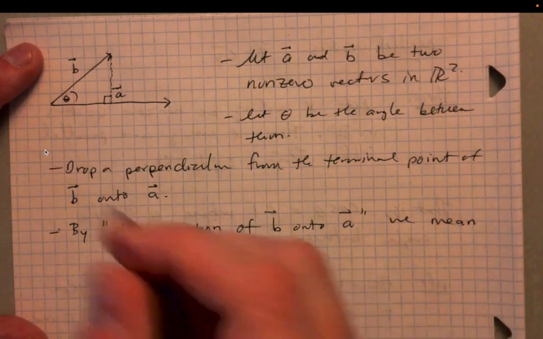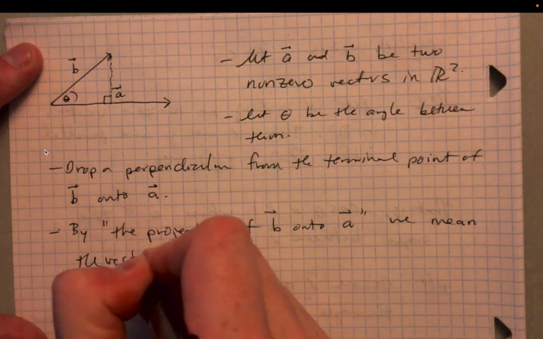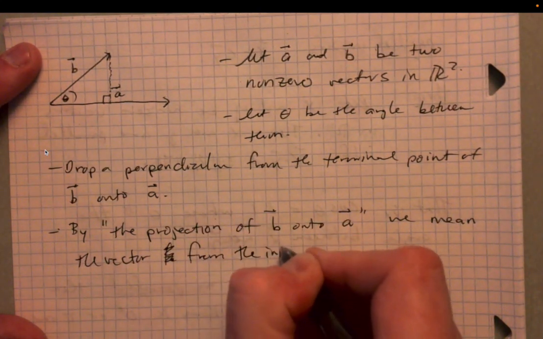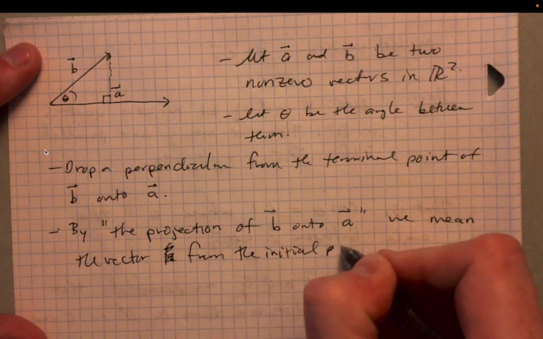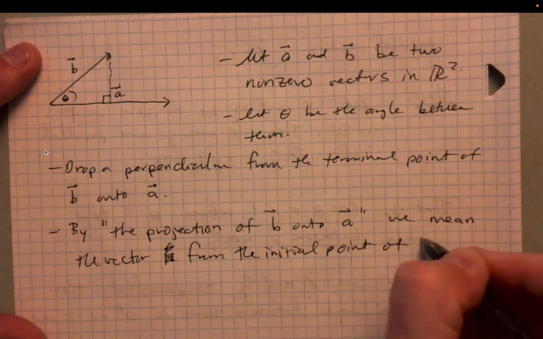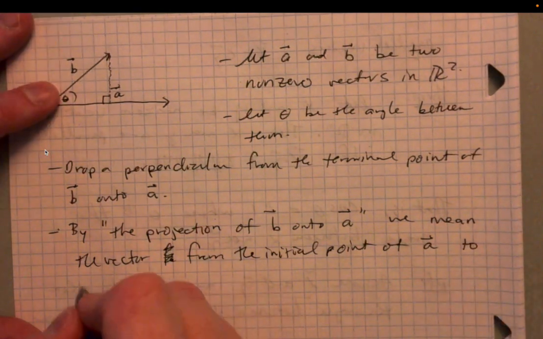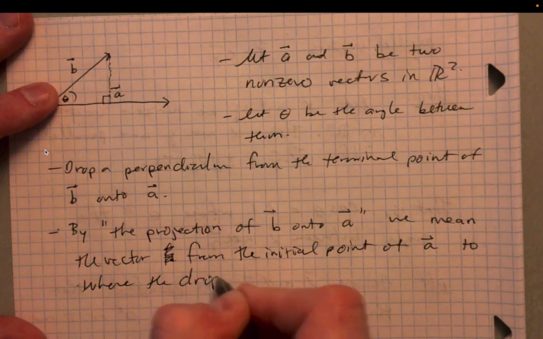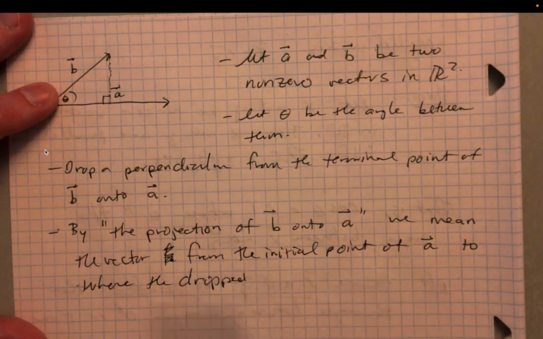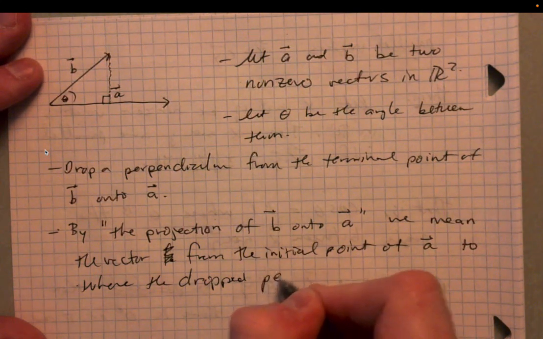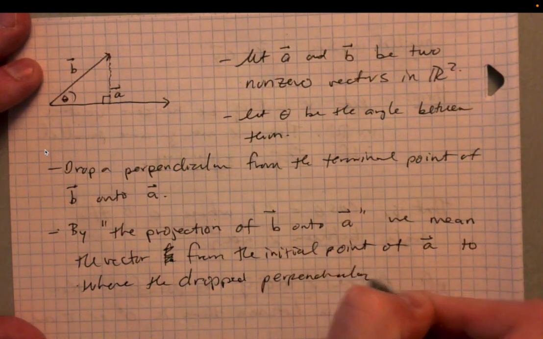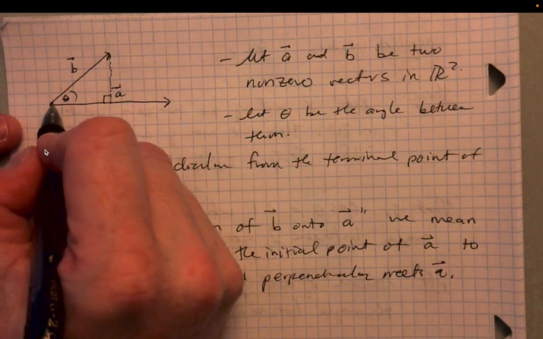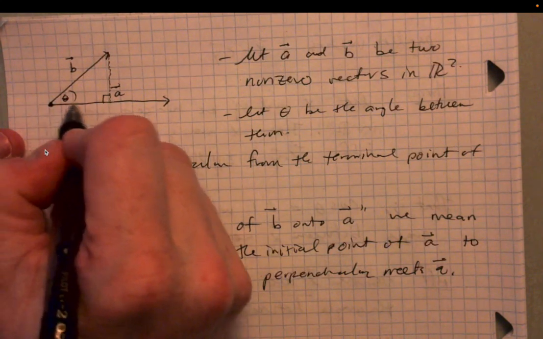Well, we mean the vector from the initial point of A to where the dropped perpendicular meets A. So we mean basically this vector, starting here and extending just to here.